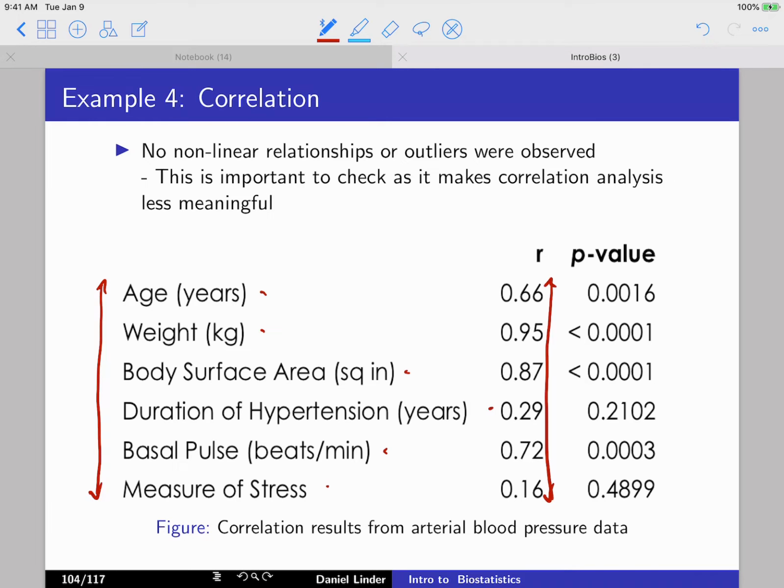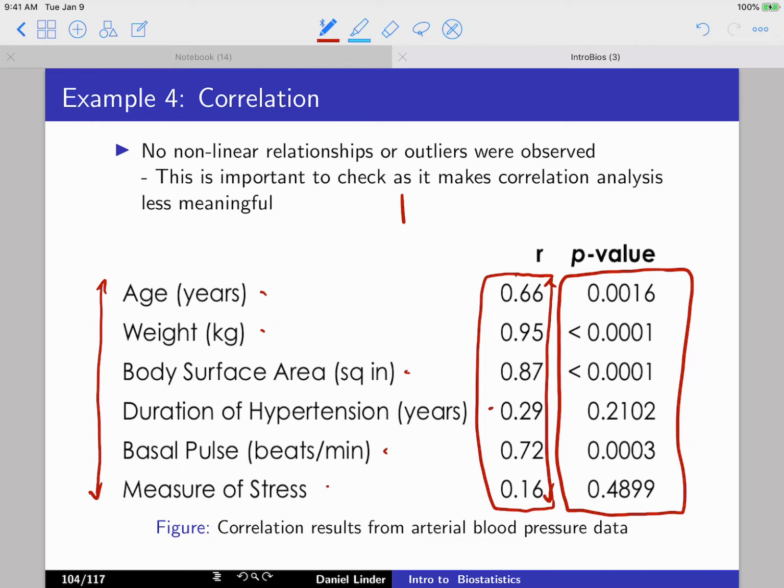These are the sample estimates of the true underlying correlation coefficient between these different variables and arterial blood pressure, computed using the formula that I showed you earlier. And these are the corresponding p-values for the test of H naught: rho equals 0 versus the alternative that rho is not equal to 0.